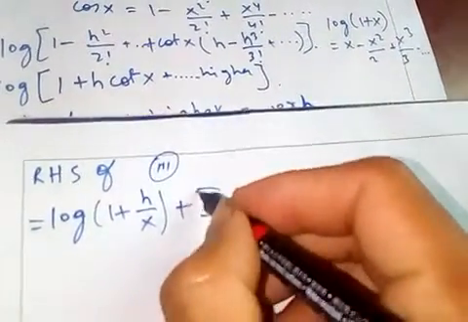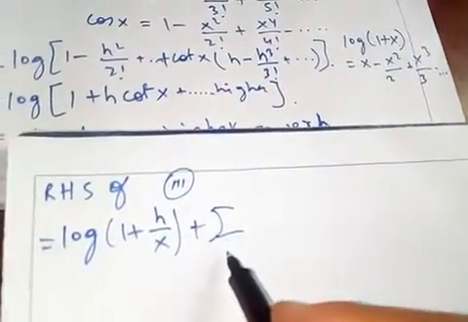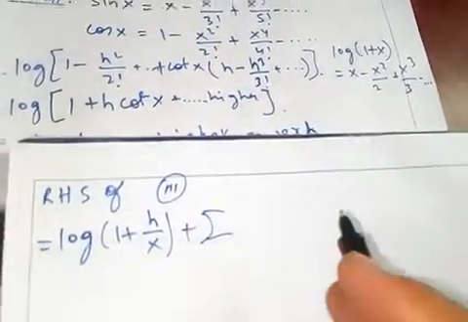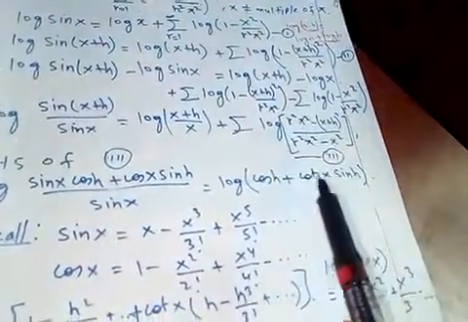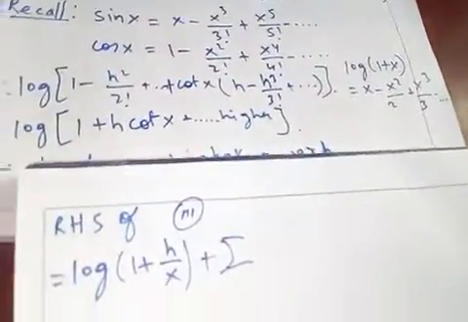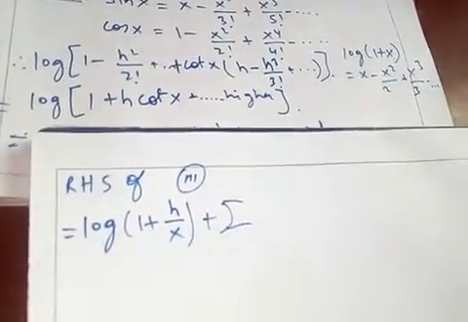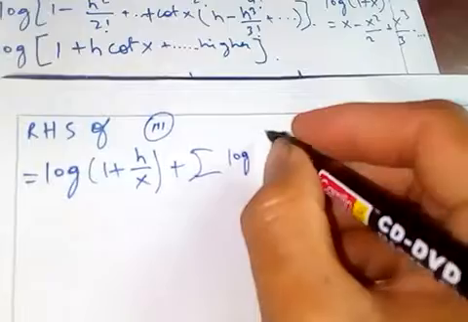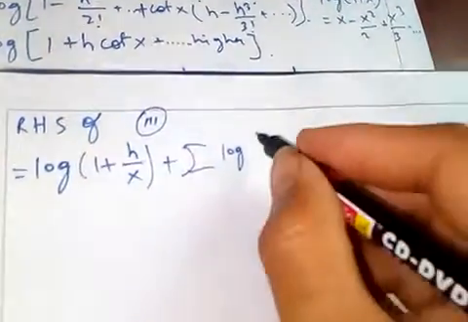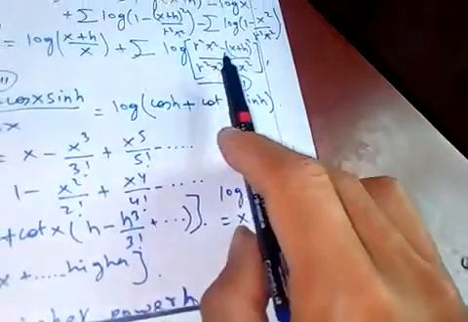plus summation. If I don't write r equal to 1 to infinity here, just think of it, because we have already that r equal to 1 to infinity. And log, and from this what can we get?